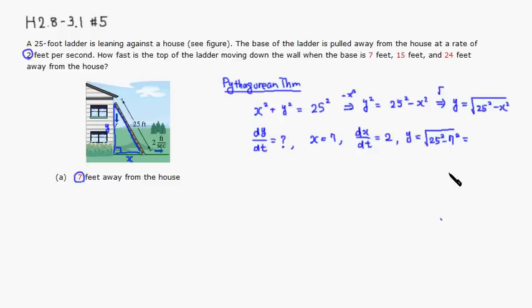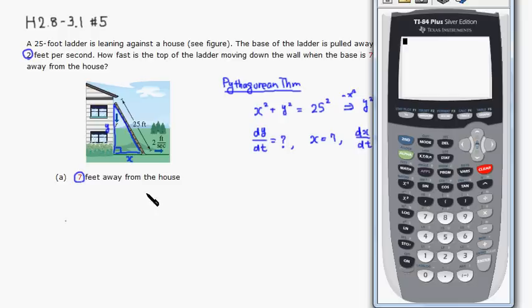I'm lazy, so I'm going to just use a calculator.